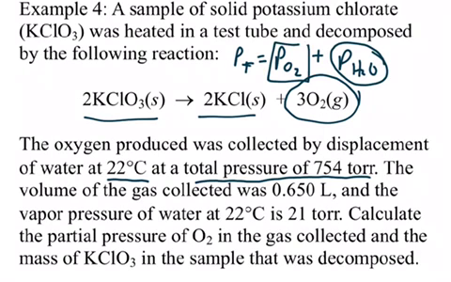This is the one we want to use, not this one. So if you keep reading, it tells you that the volume is given, it's collected. The volume collected was 0.650 liters. And here it is. This is what I was telling you. At 22 degrees Celsius, they tell you that the vapor pressure of water is 21 torrs.